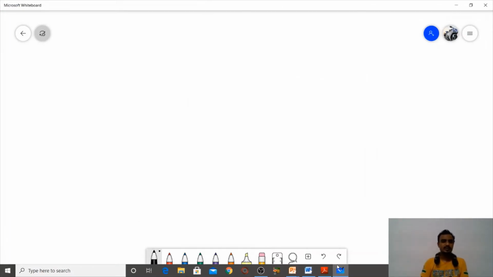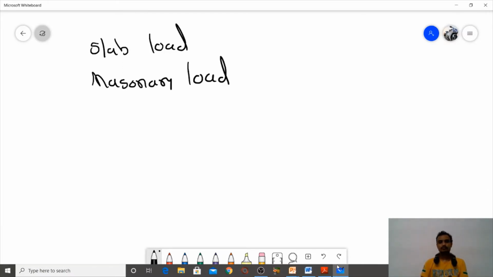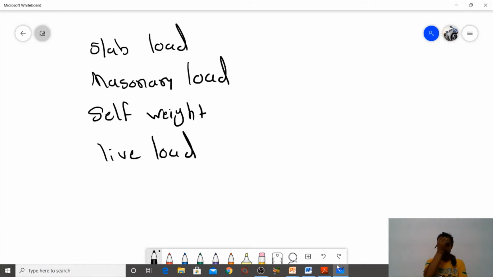On the beam we have slab load, then masonry load, self weight and live load. So these four types of load on the beam.